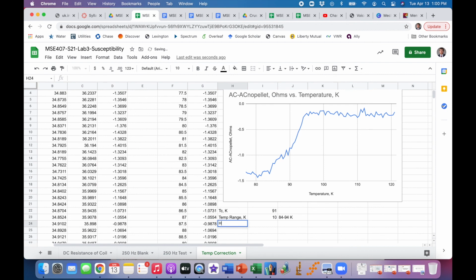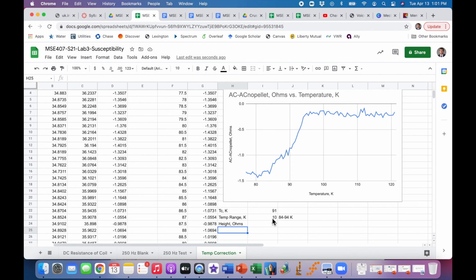And then the height, which is in ohms, if you look at the y-axis, that height was a magnitude of 1.2 ohms approximately. All of these are approximations because I'm just pulling them straight from the curve. You can get more consistent results if you fit these areas and so forth.